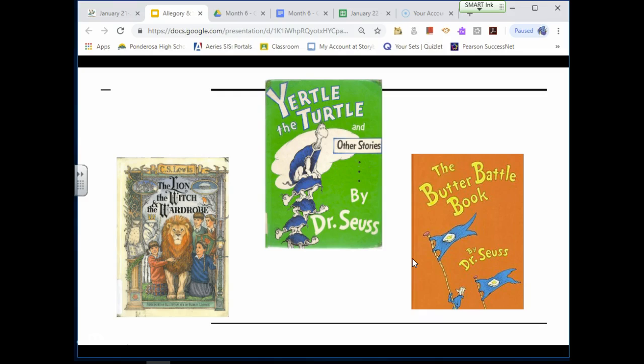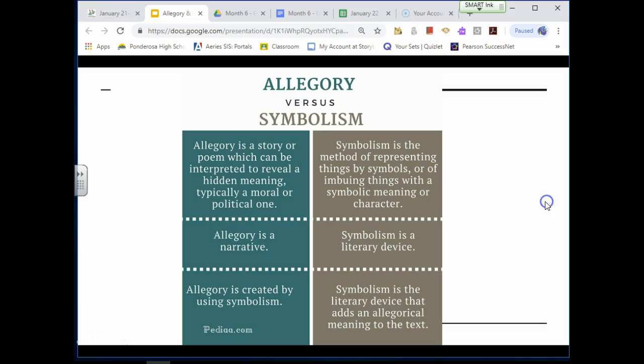So an allegory has another level to the story. You can say, yeah, it's a kid's book about differences, but the author intended it to have a more symbolic meaning about the arms race, okay? Sometimes they can be confused, so I want you guys to take a look at this chart really quick. On the left, it talks about allegory.